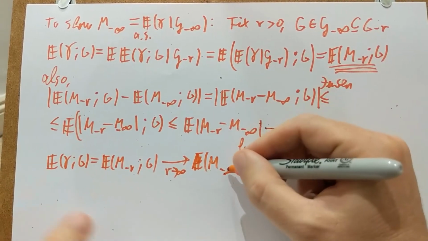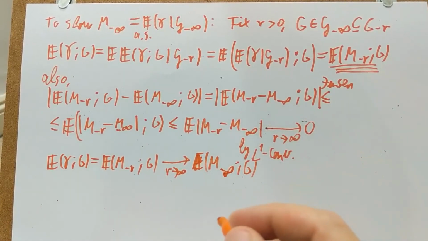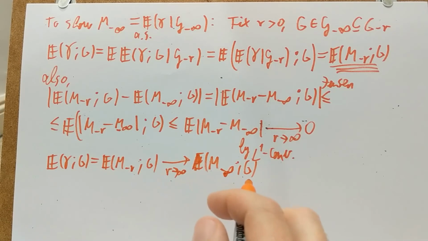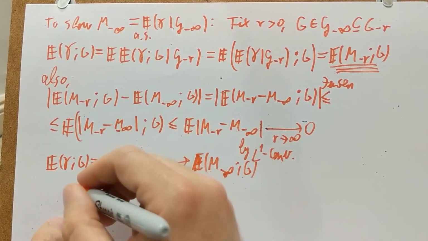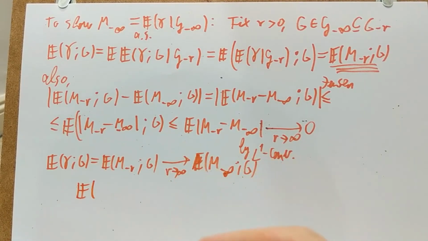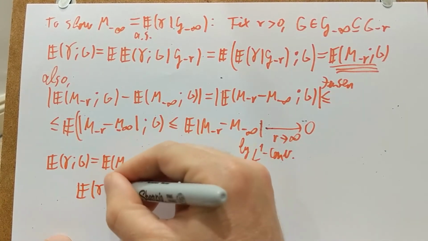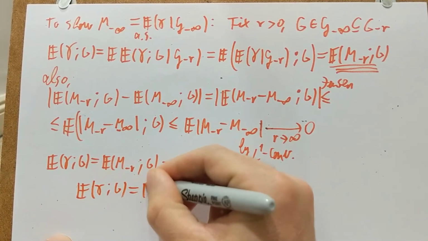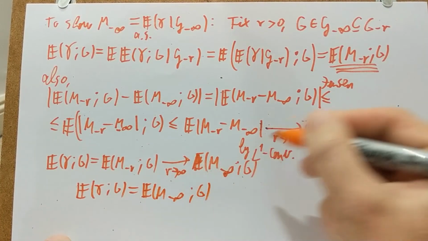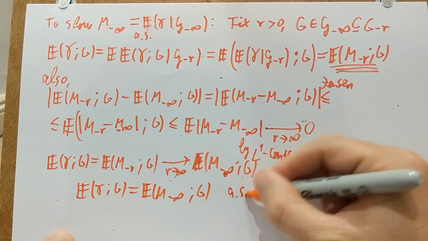Okay, but notice that on the left-hand side I don't have an r, and on the right-hand side I don't have an r. So it follows that by taking a large enough r, the expectation of gamma on G is actually equal to the expectation of M_{-∞} on G, say almost surely.